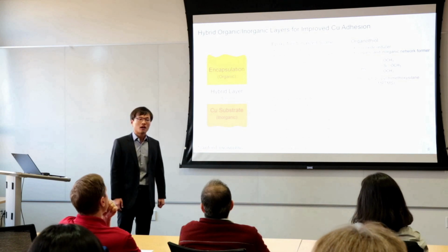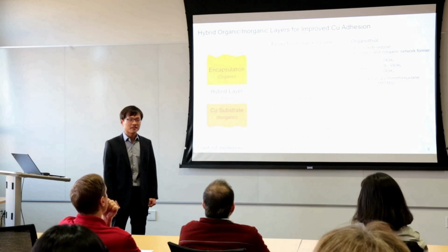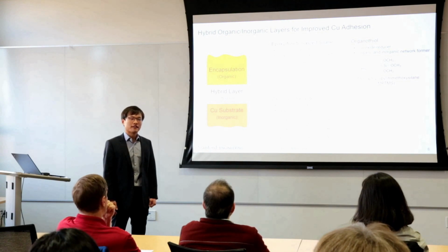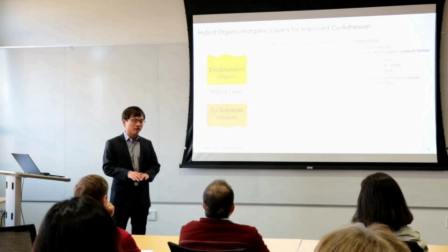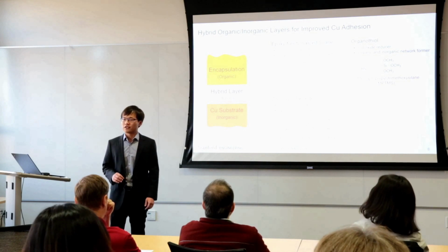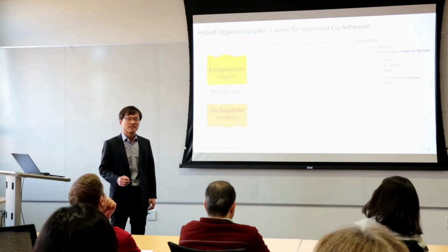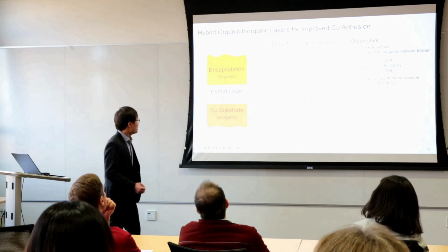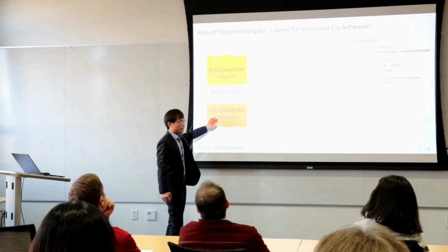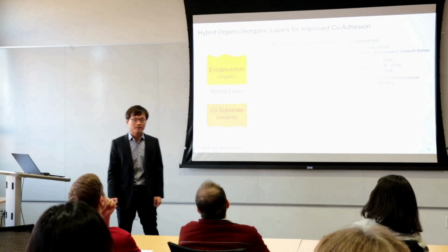To address the weak copper interface challenge faced in existing technology, we deposited a hybrid layer on the copper surface. We chose a hybrid layer specifically for its great capability to promote bonding at chemically distinct interfaces, namely an inorganic substrate as shown here and an organic encapsulation material on the top.